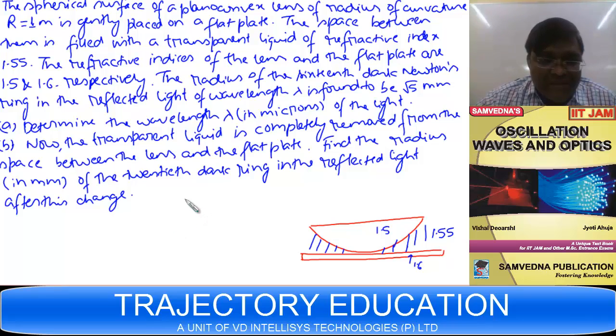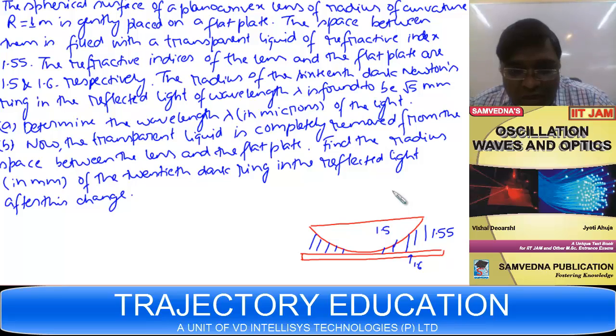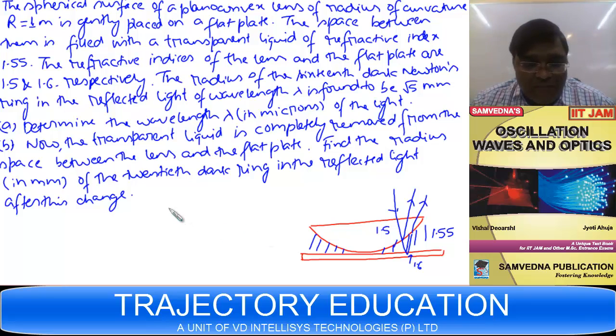Here in this case, see, if a light is falling on this, you have a ray of light getting reflected and you have a beam of light getting reflected from the lower surface. So here the path difference comes out to be 2 mu t.